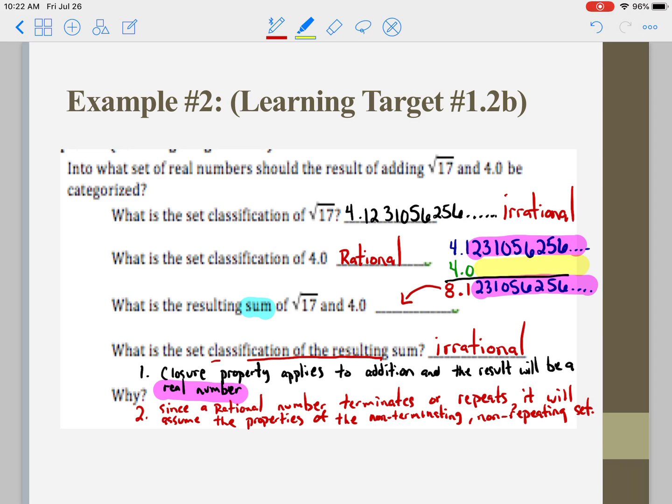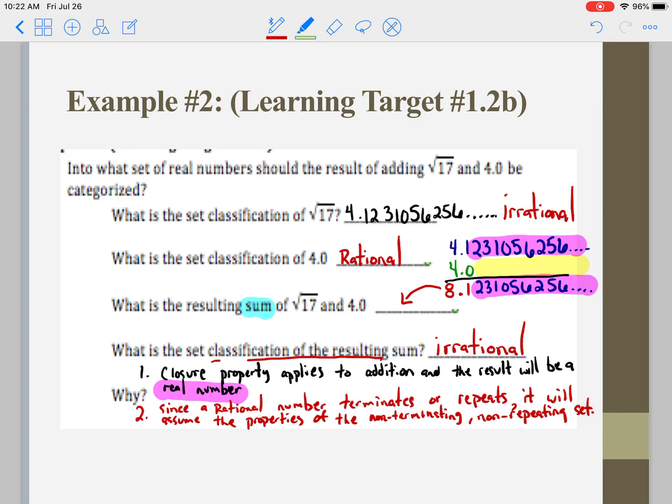There is not a repeating pattern or a terminating decimal that we could insert into this yellow highlight that would change the pink highlighted portion of the irrational number into something that would terminate or repeat. And so those properties that I've highlighted in pink that make the square root of 17 irrational carry through to the result, making the result an irrational number.